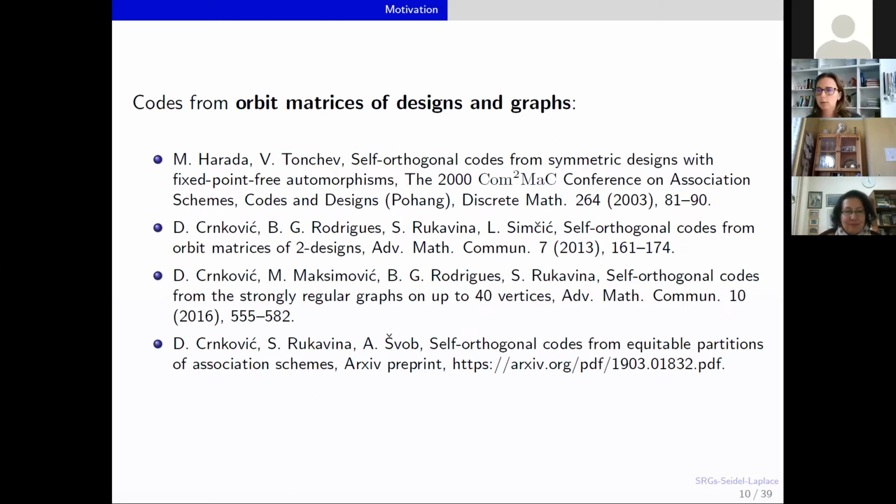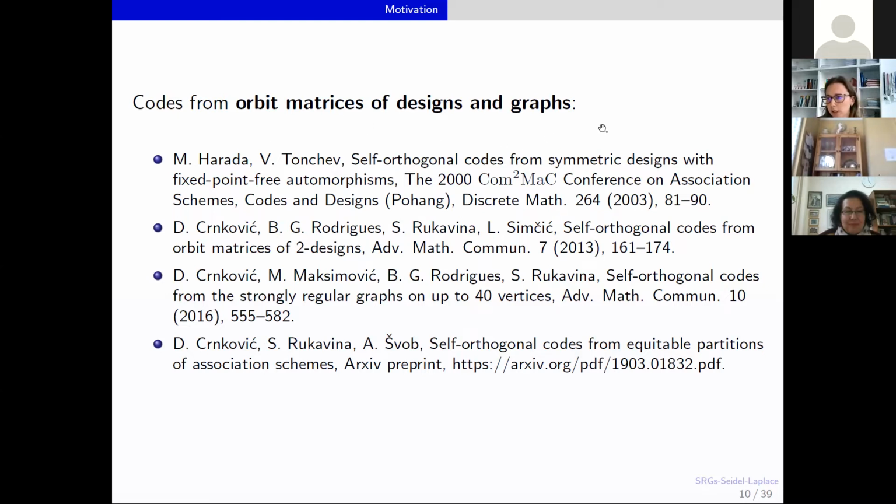More about obtaining codes from matrices that are related to designs and graphs are those related to orbit matrices of designs and graphs.